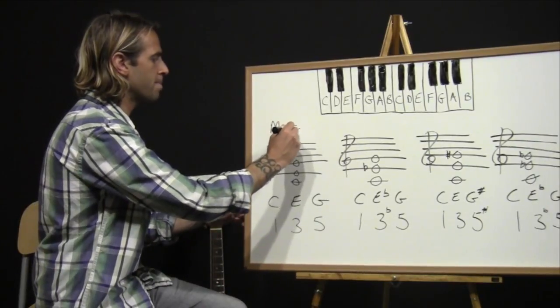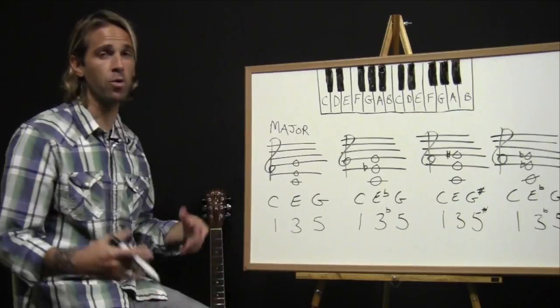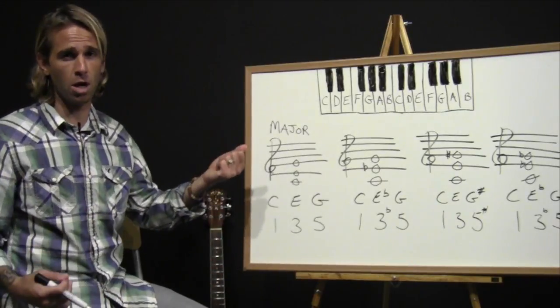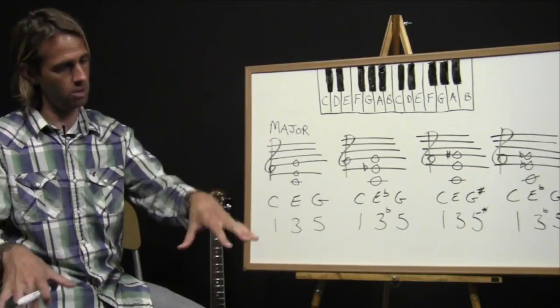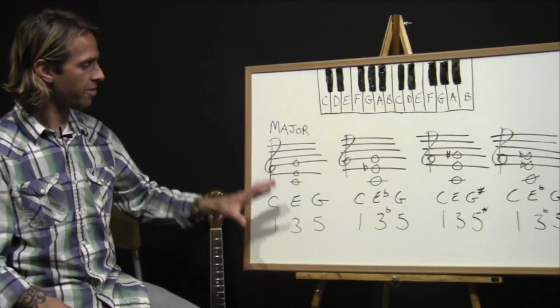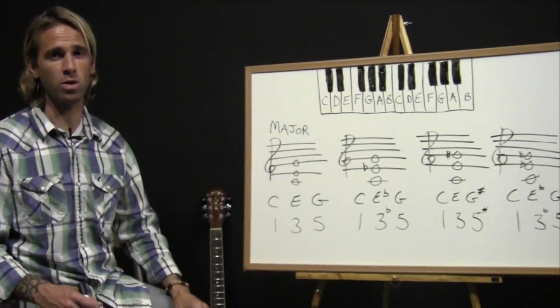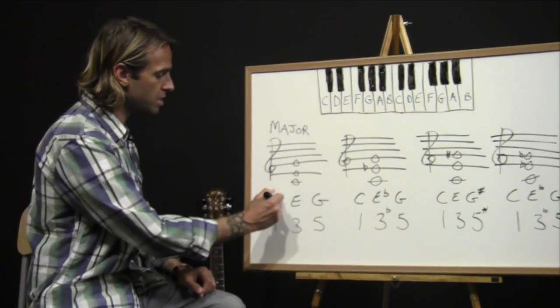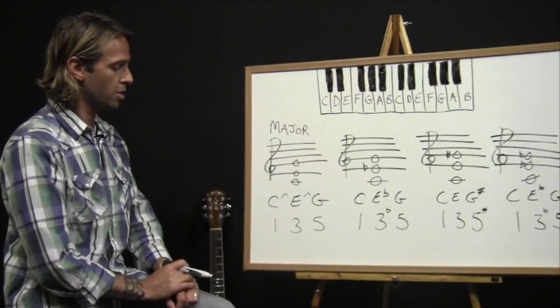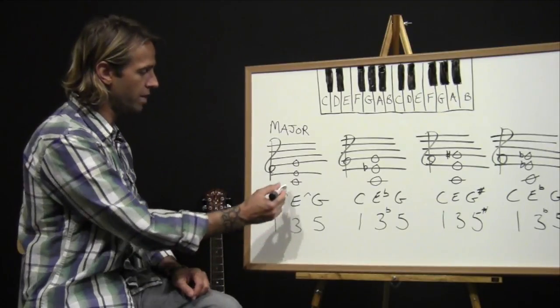This is the building block and the formula of creating a major triad or a major chord. So when you pick up the guitar and you jam an A major chord or a C major chord, or on the piano hit a C major chord, this is what's ringing inside of that chord. It's a 3-note combination, and it's always a third apart.